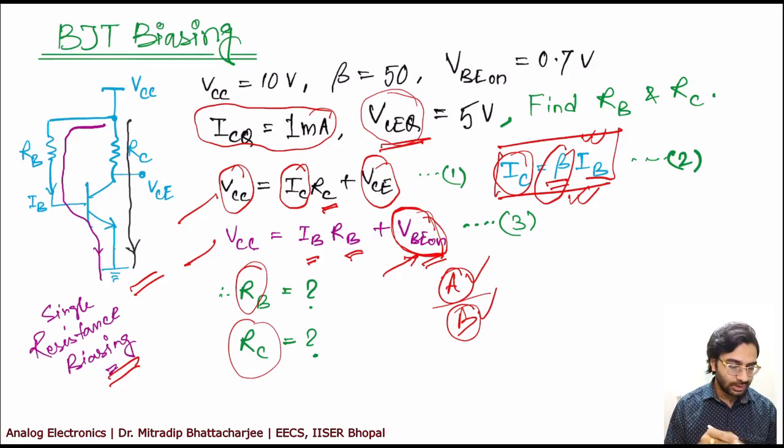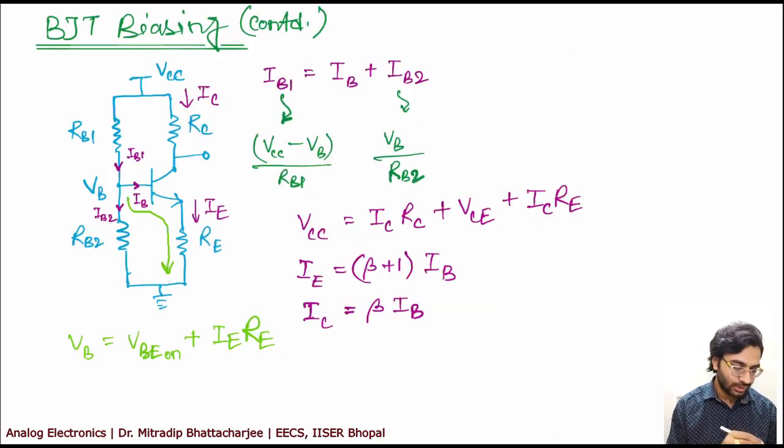Okay, so this is one type of biasing. Now there is another popular biasing which is this. In this case, we use RB1 and RB2, two other resistances as well. If you look at this circuit, we can take three components of a current.